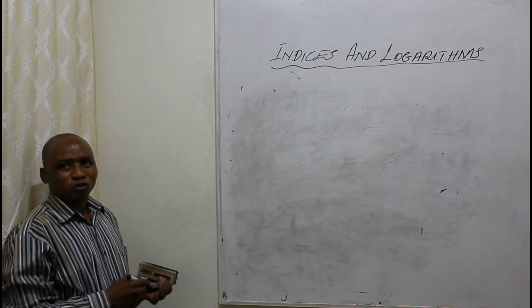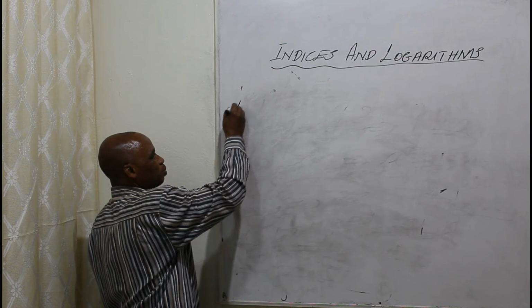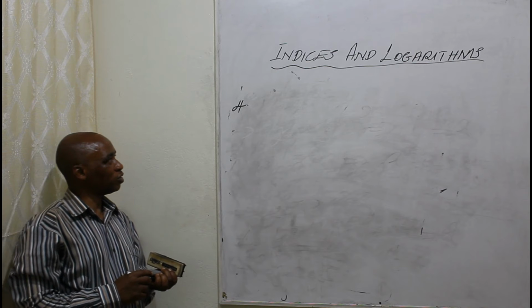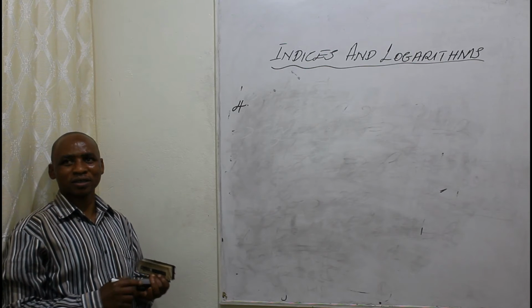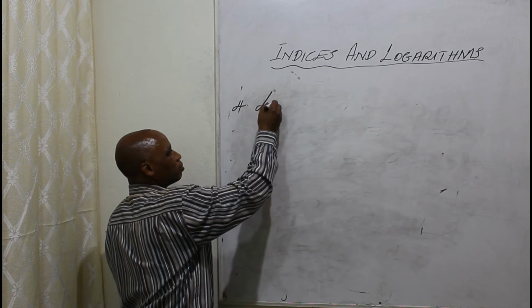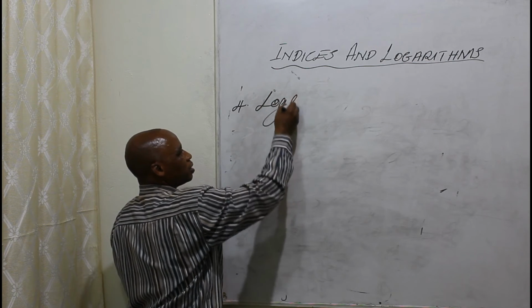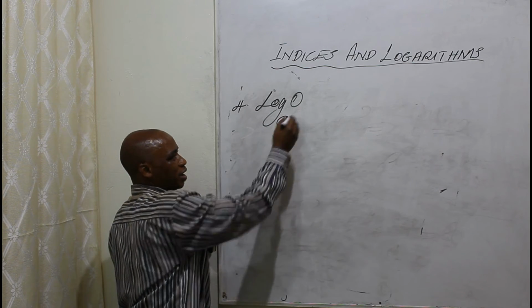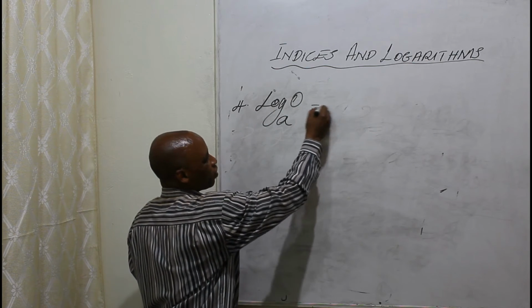Now let's move on to the next point to note. That's note 4. Point 4, let me be precise. Now the log of 0 to any base, say a, is undefined.